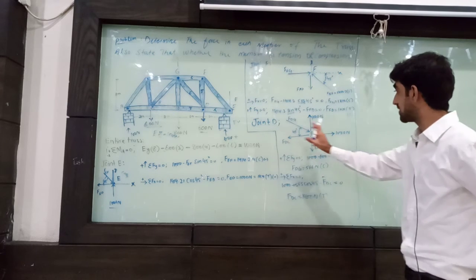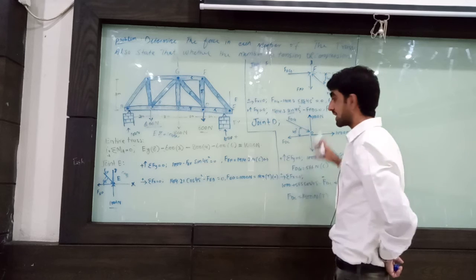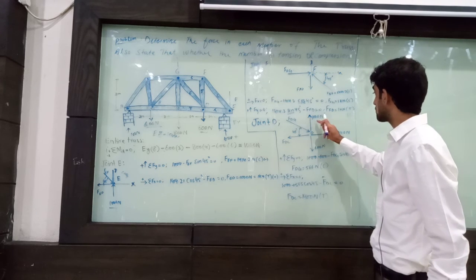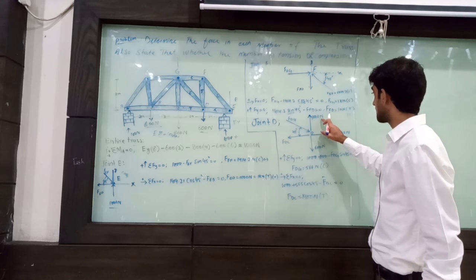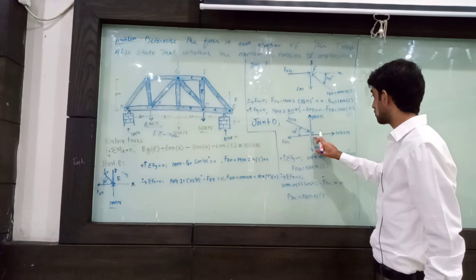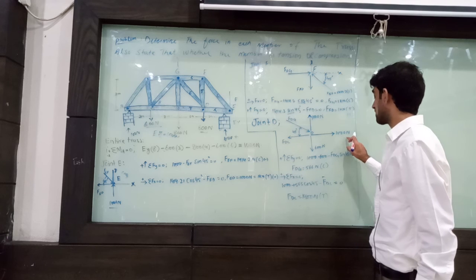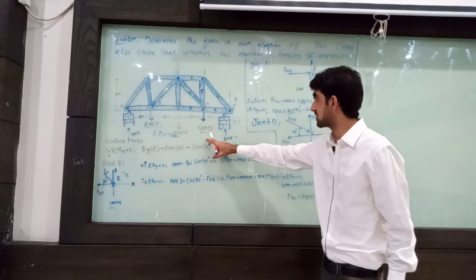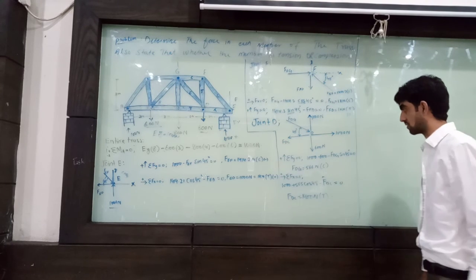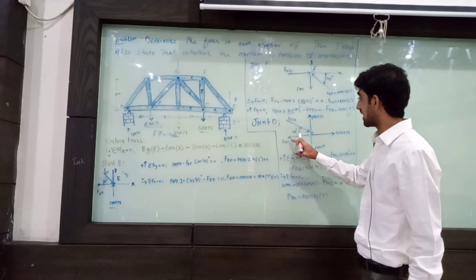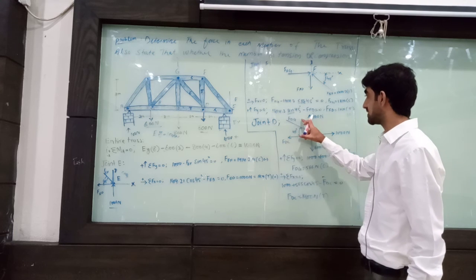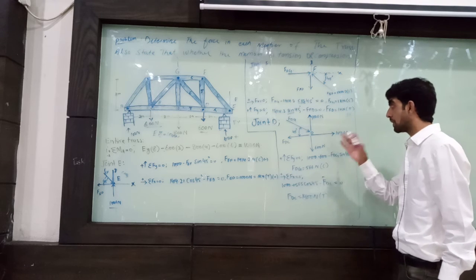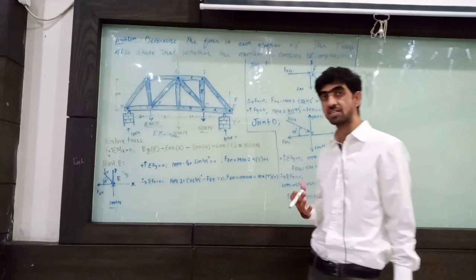So next, joint D. Joint D, we again draw the free body diagram. D joint. FDG is equal to, that is 1000 Newton. So here the load on this joint is 600 Newton. Okay. So we can find FDC, FDG because their angle is available. Their three member reactions are available.